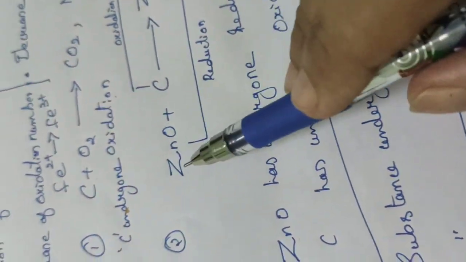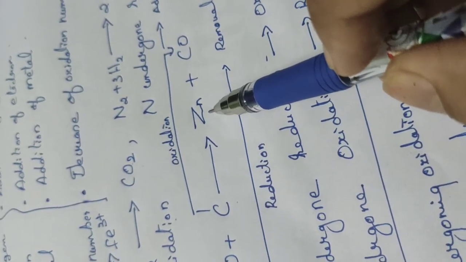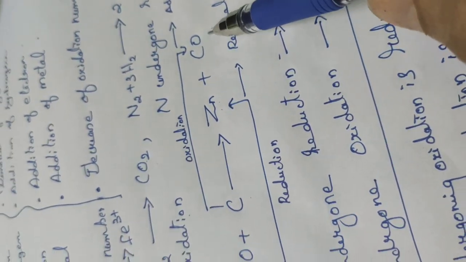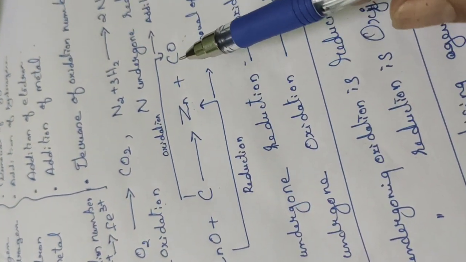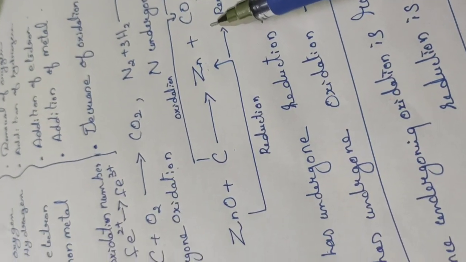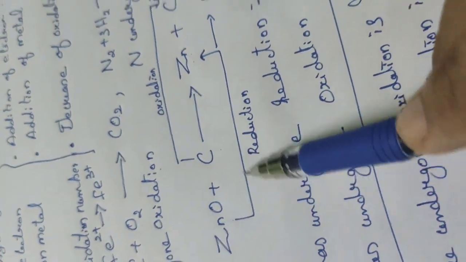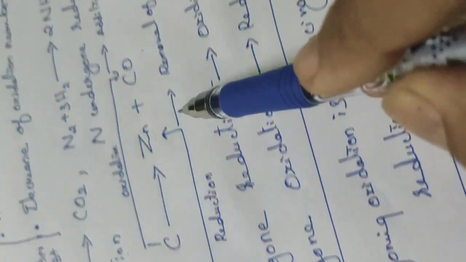Okay, let us see a redox reaction. Zinc oxide reacts with carbon to form zinc and carbon monoxide. This is a case of displacement reaction. You have already learned displacement reaction, where a single ion gets exchanged, isn't it? See here what is happening. Zinc oxide has undergone reduction. See, oxygen got removed, no?